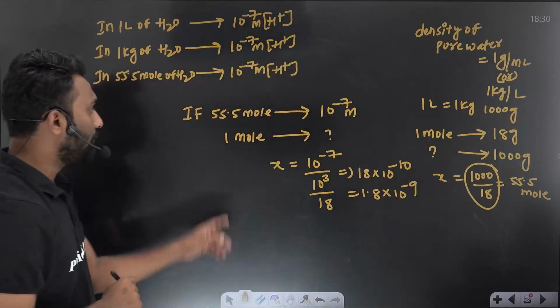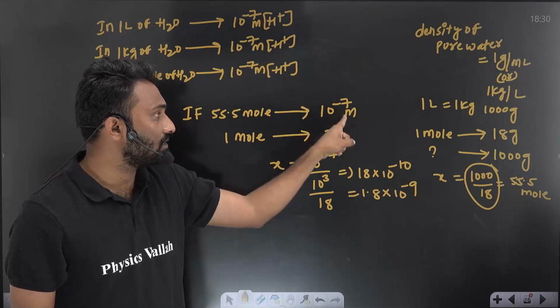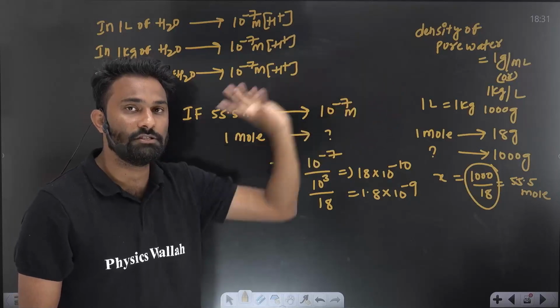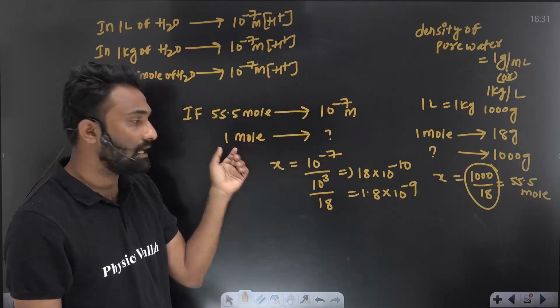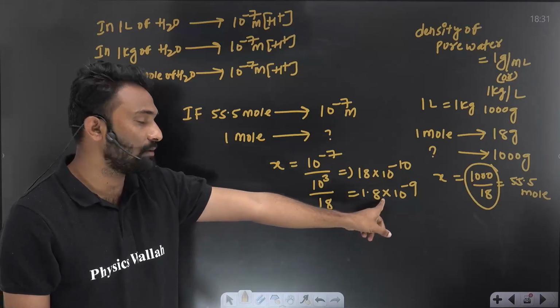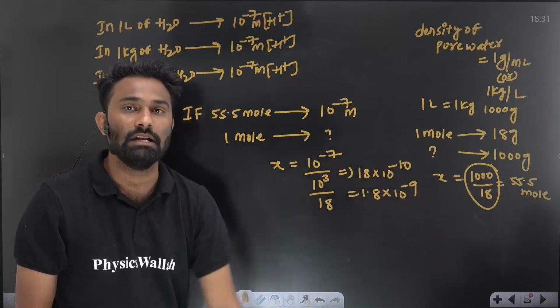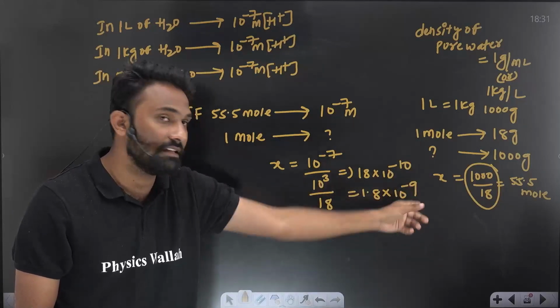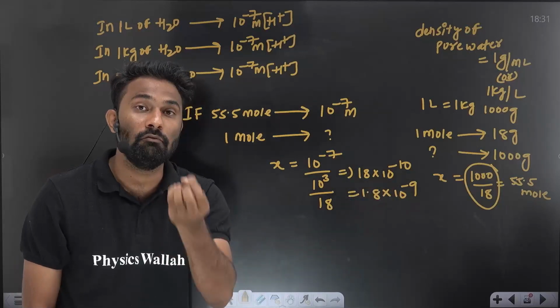Means see here, in 55.5 moles of water, 10 to the power minus 7 concentration of H plus ion is ionizing. Now 1 mole ionizes 1.8 into 10 to the power minus 9 concentration of H plus ion. 10 to the power minus 9 means the value is very less.